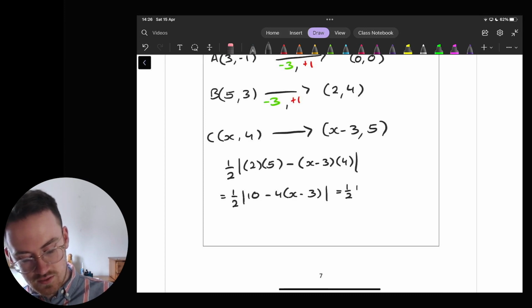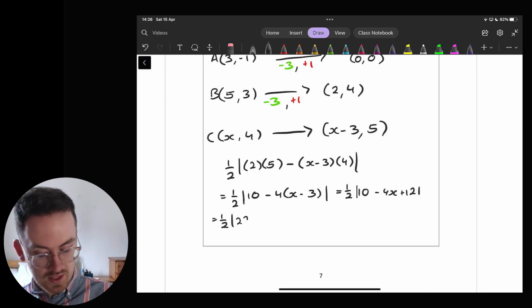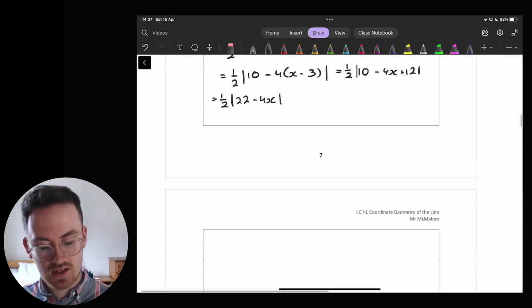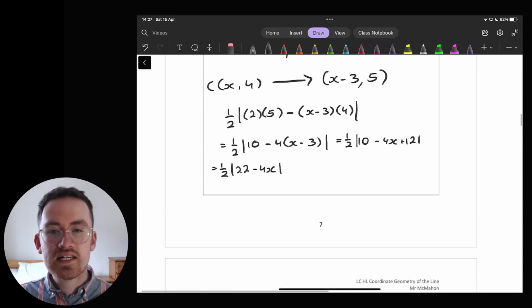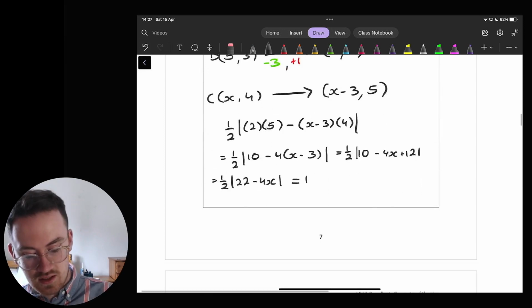So a half by 10 minus 4x plus 12, which is a half by, getting 22 again, minus 4x. Okay, how much space do I have? I have space down here. So we're going to take this one then. We know that this is my area, and we know that the answer is 13.